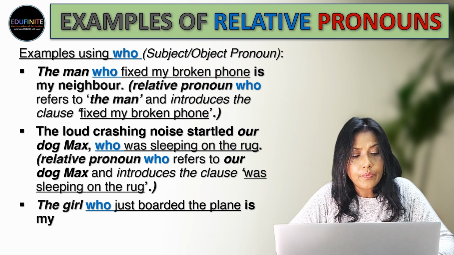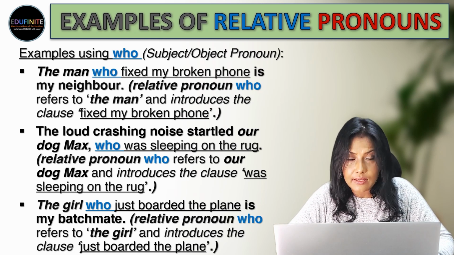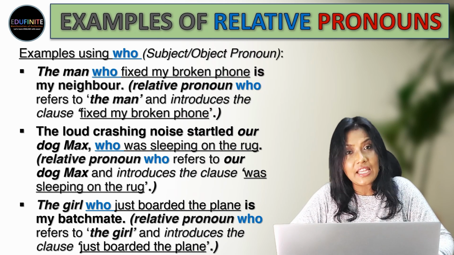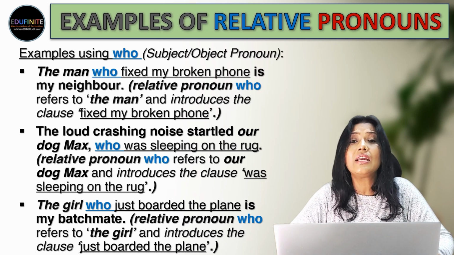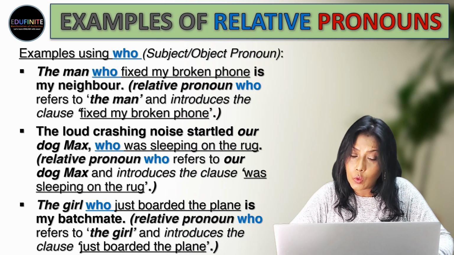Next we have, the girl who just boarded the plane is my batchmate. So here again, the girl is my batchmate is the independent clause, and who just boarded the plane is the relative clause or the adjective clause headed by the relative pronoun who.